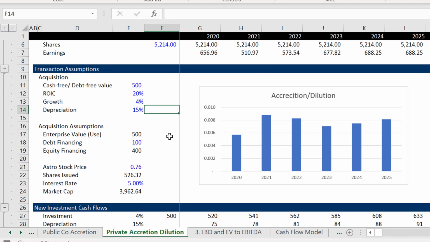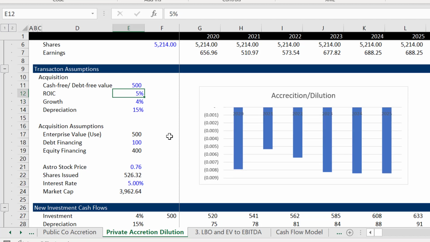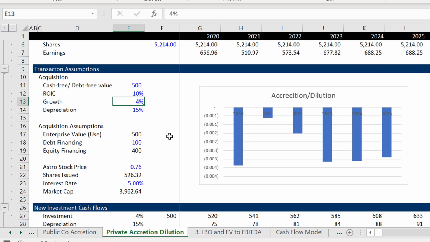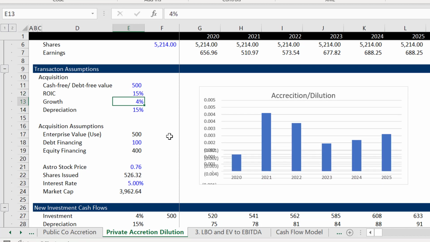Now, this finally has something real in it. If we only earn 5%, then we get dilution. If we earn 10%, we get maybe 15%. We have to get the accretion. Okay, it depends on how much we pay for the company and what we're going to earn.